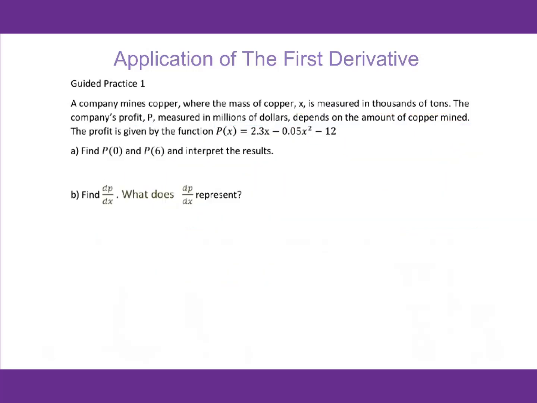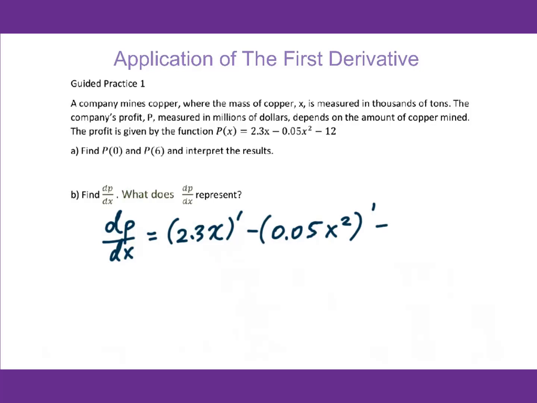Now for B, find the dP by dx. dP by dx equals 2.3x derivative minus 0.05x squared to the derivative minus 12 to the derivative. So we have 2.3 minus, drop down, minus 1, you will get 0.1x.